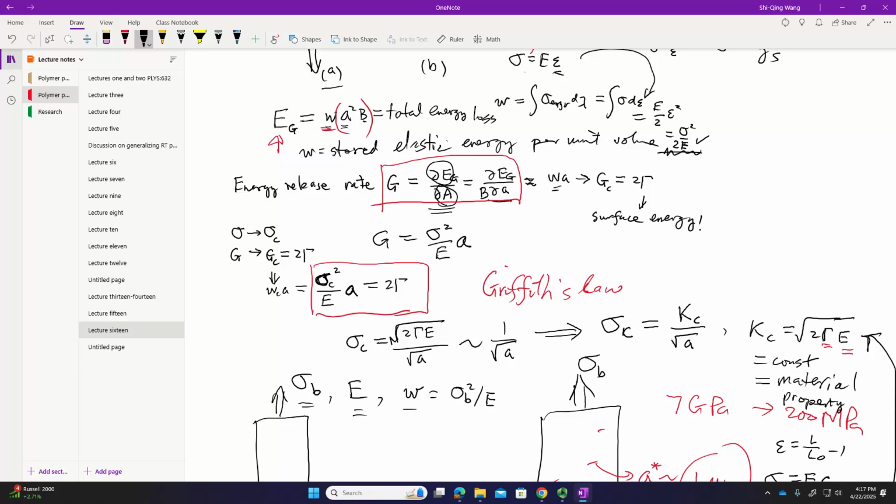So let's make sure we differentiate what we're doing. Energy release rate is G. It changes as I load it more and more, as I stretch more and more.